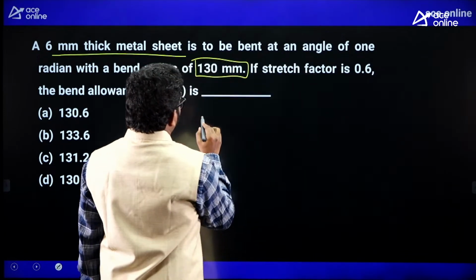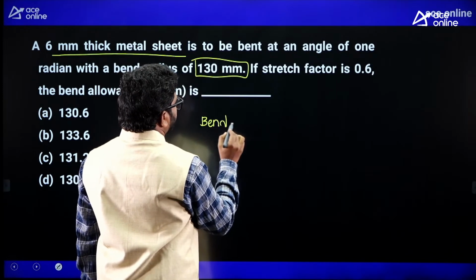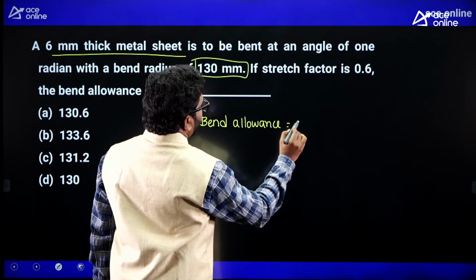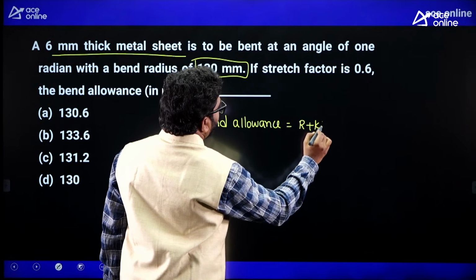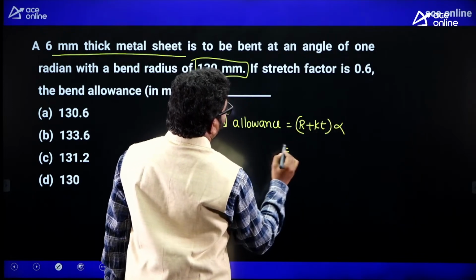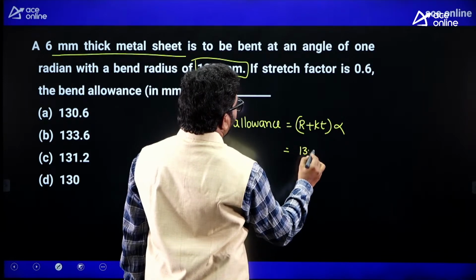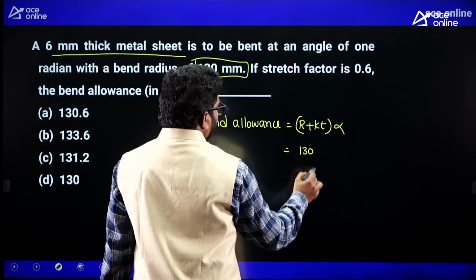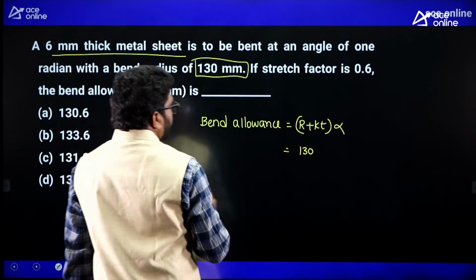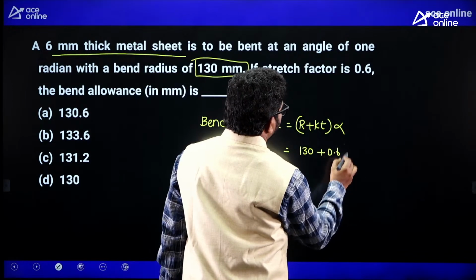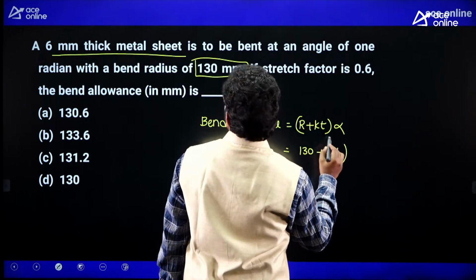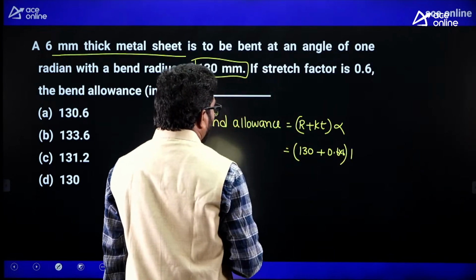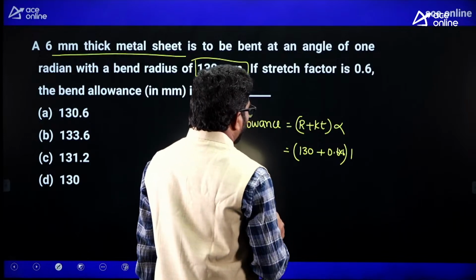So I said, bend allowance formula, simple question. Bend allowance is equal to (R plus KT) into alpha. Taking R equal to 130 plus K equal to 0.6 into T equal to 6 mm, into 1 radian.